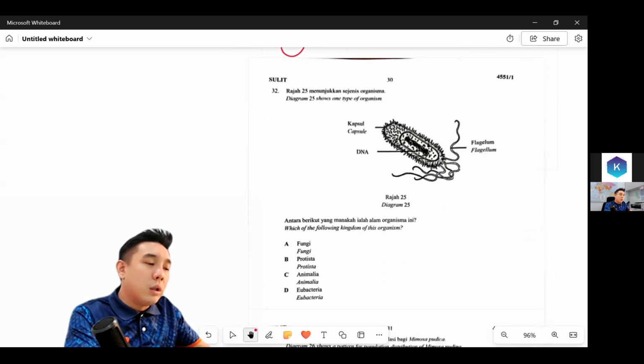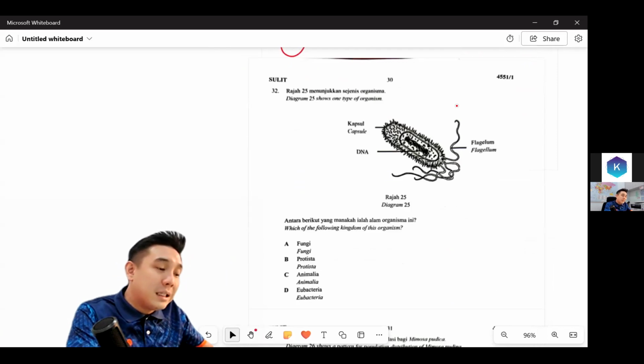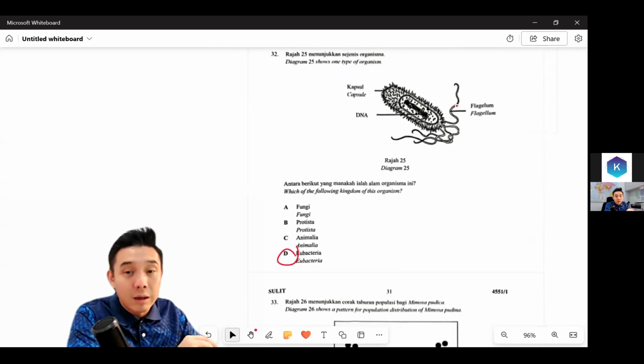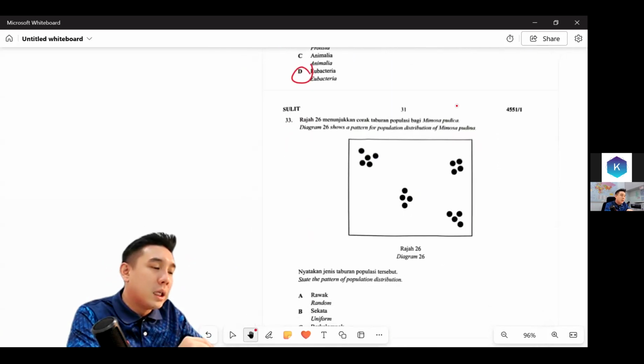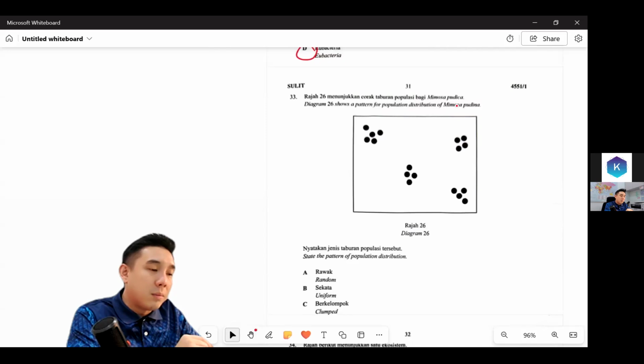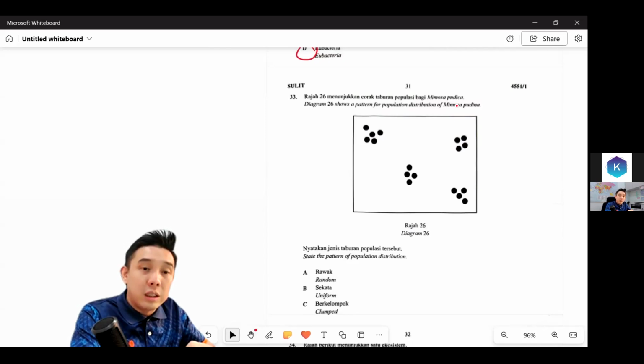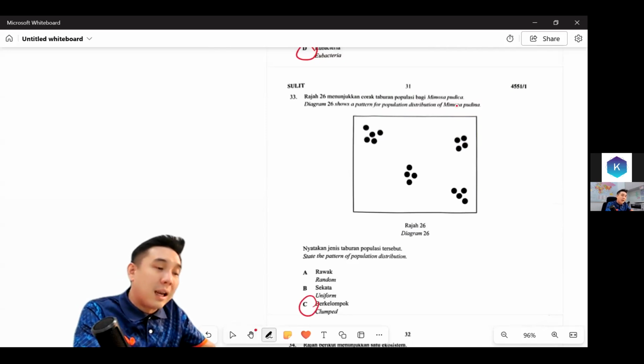Okay, 32 is from chapter 8 because this is what we call a bacteria. To be more exact, eubacteria. Question 33, the pattern of this population is very easy. It's clumped.